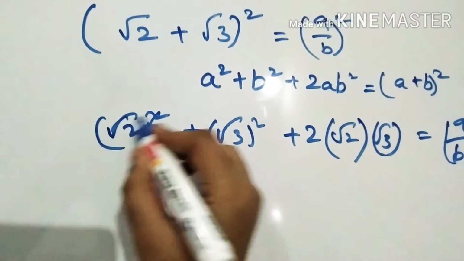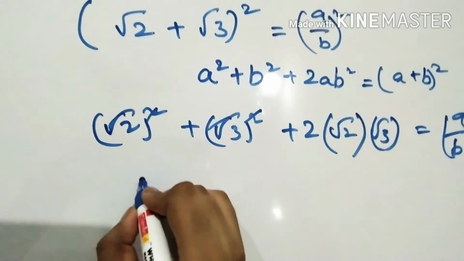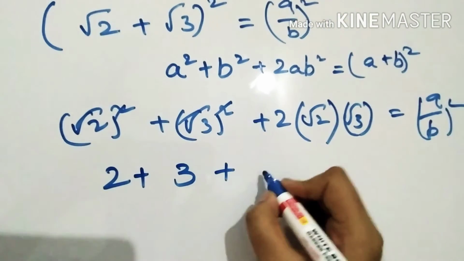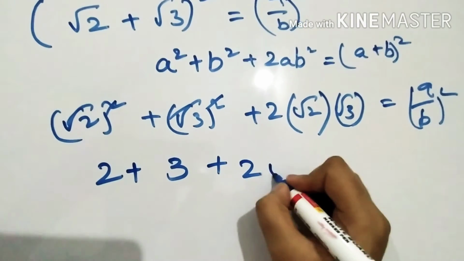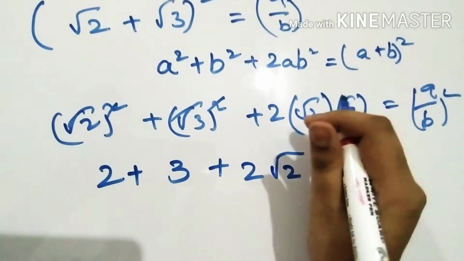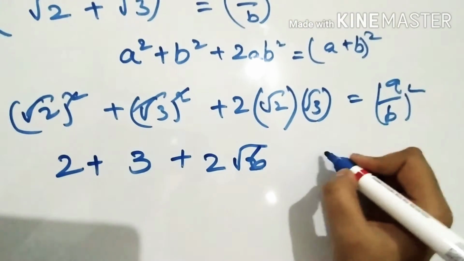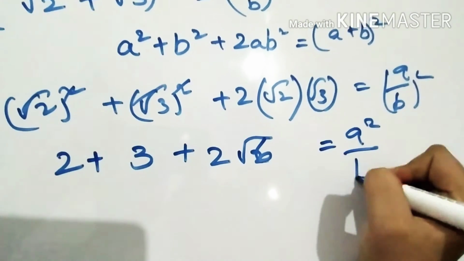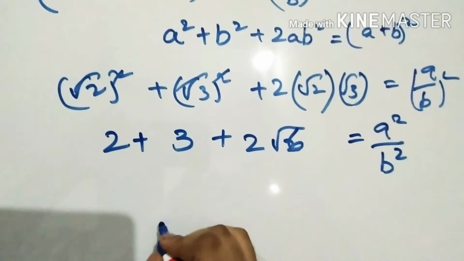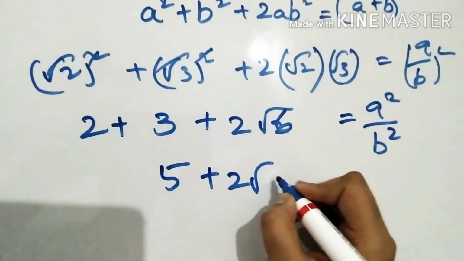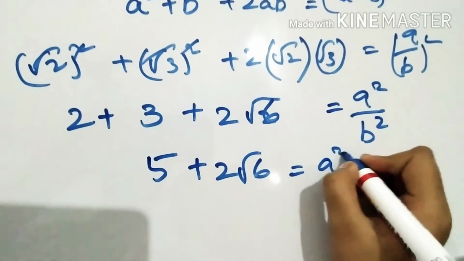So the roots cancel out and we are left with 5 plus 2 root 6 is equal to a square by b square.